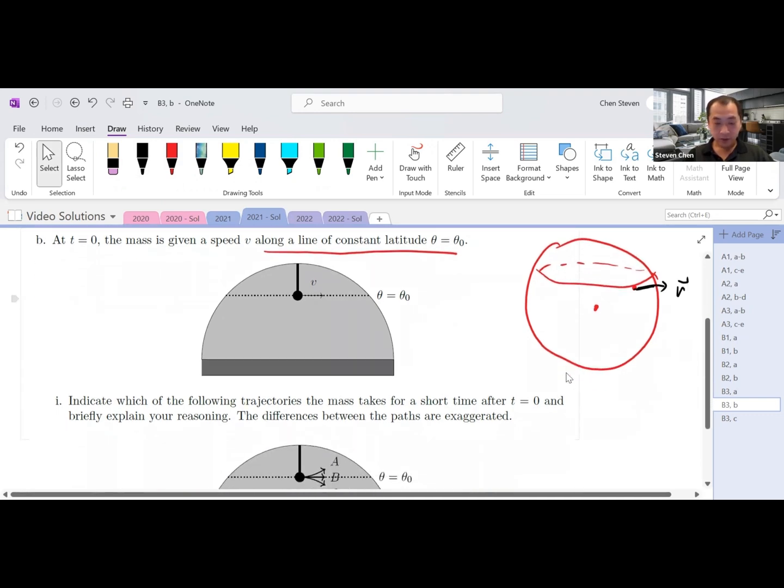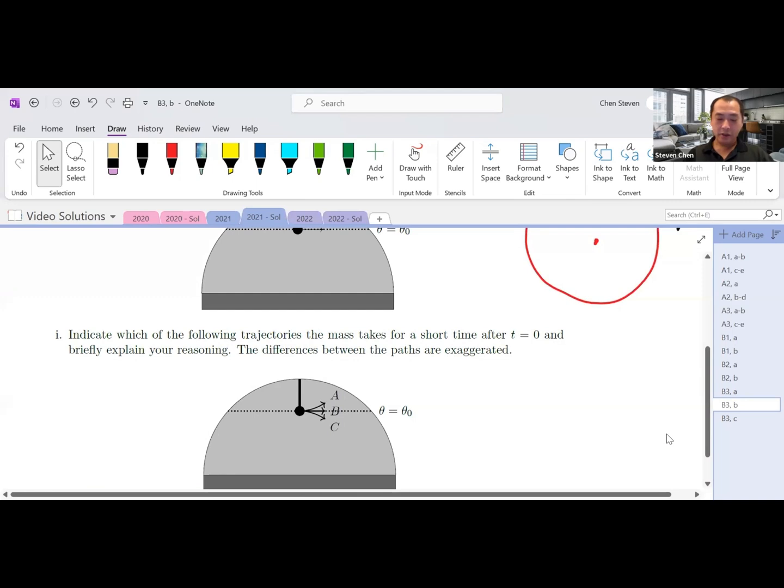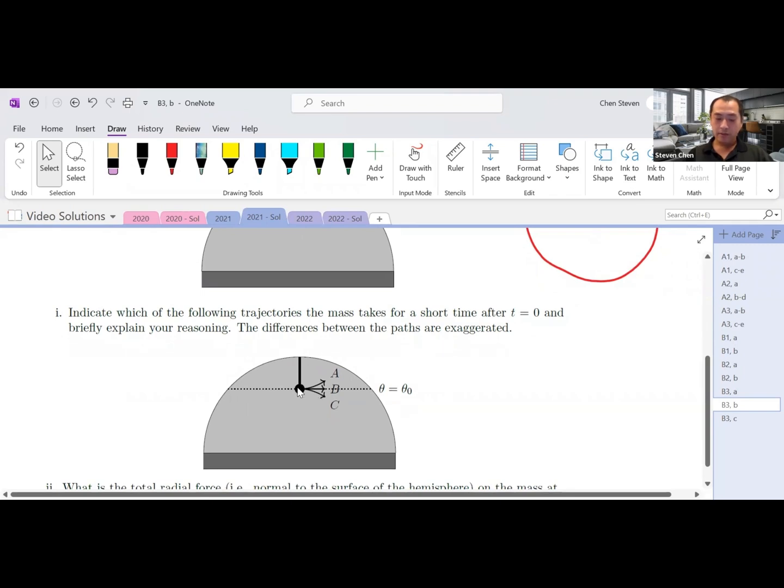This problem asks us to determine its initial trajectory in the following way. If we do not have this initial velocity, from the analysis in the previous part, we know that this position is an equilibrium, a static position, so the net force is 0.